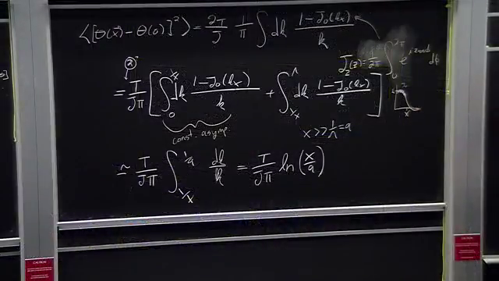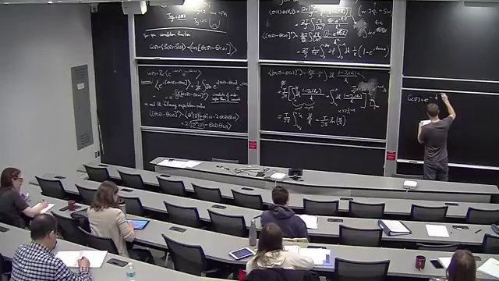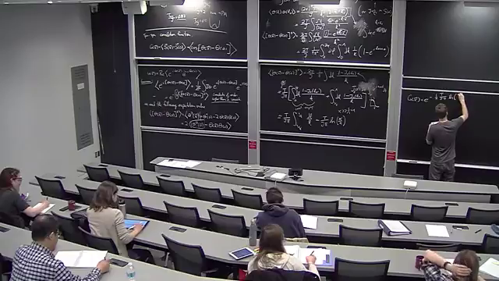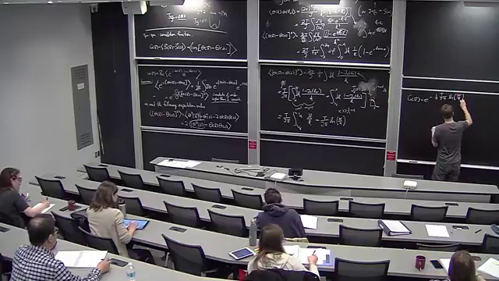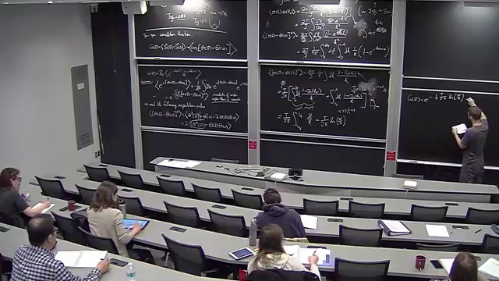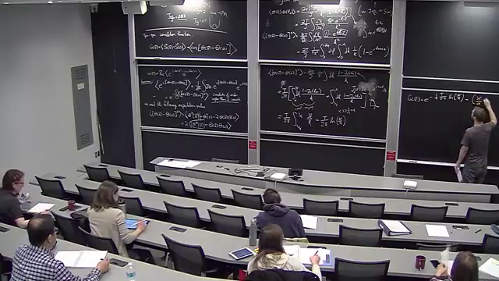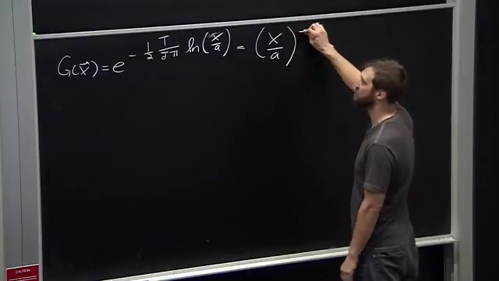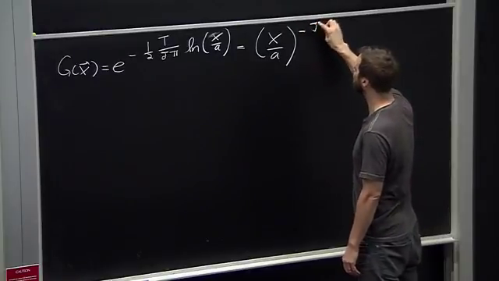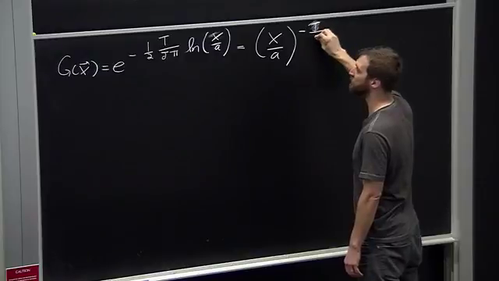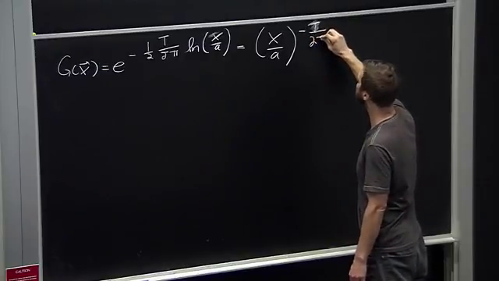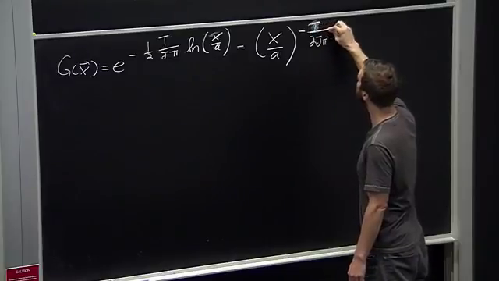That's what I want. So g of x, that's 1/2 t over j pi log x over a. So now I just have x over a to the minus t over 2 j pi. Yeah, I think that's right.